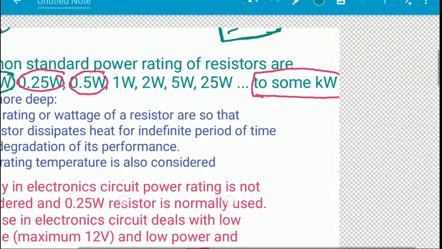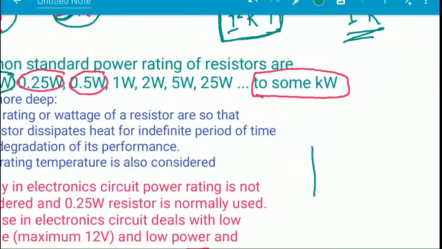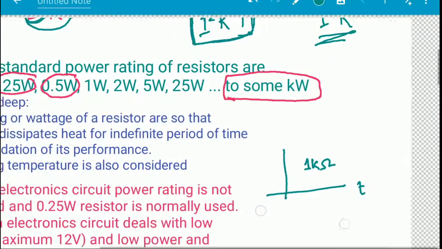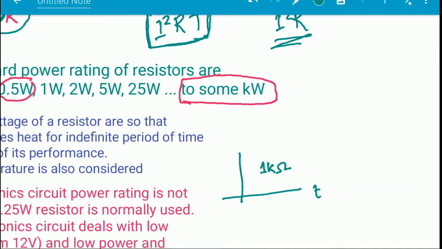Suppose we start that resistance and with time, suppose after 1 to 2 hours, that resistance will decrease its resistance. Suppose a 1 kilo ohm resistance we have supplied, after 1 hour because of heat it will supply only 0.5 kilo ohm.